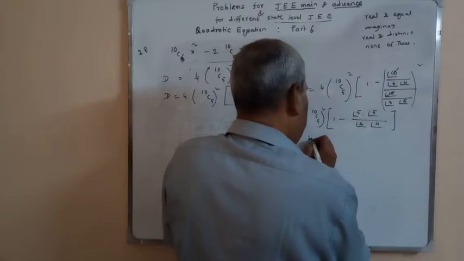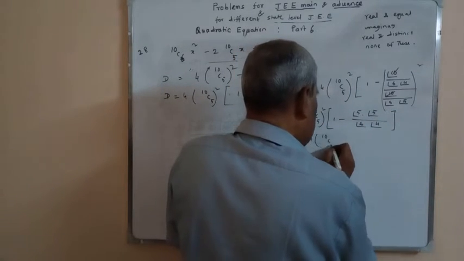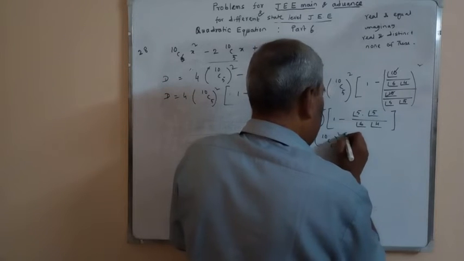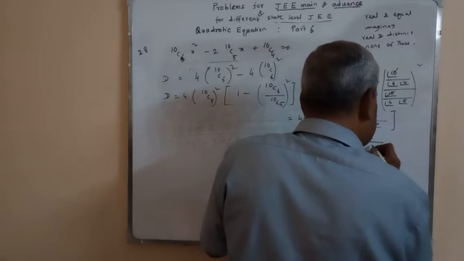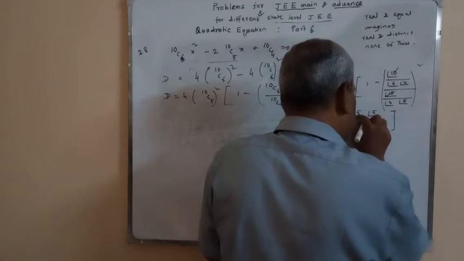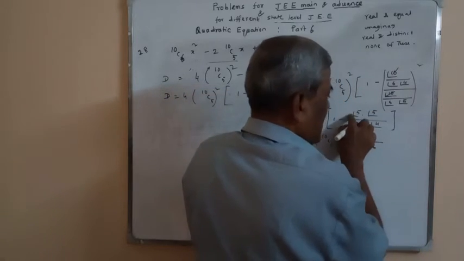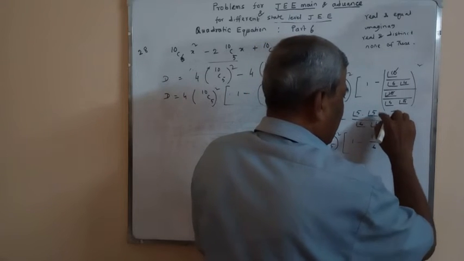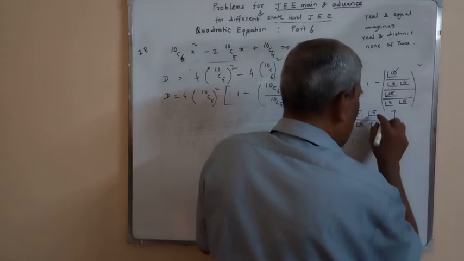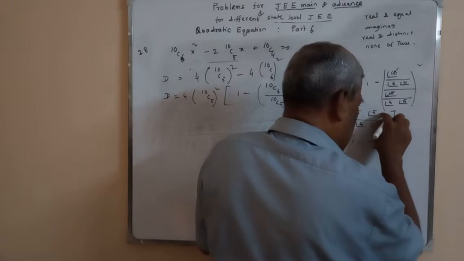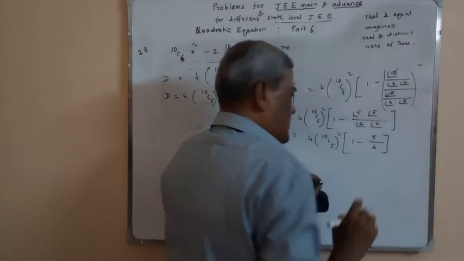So that 4 into 10c5 whole square, 1 minus, this is 1 by 6, factorial 5 cancels, and together it is 5 into factorial 4. That factorial 4 cancels.